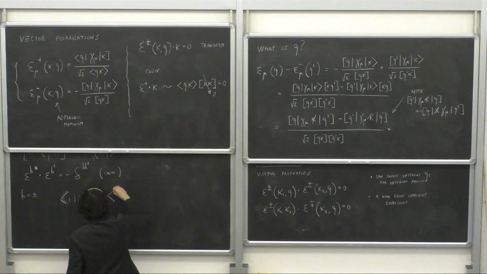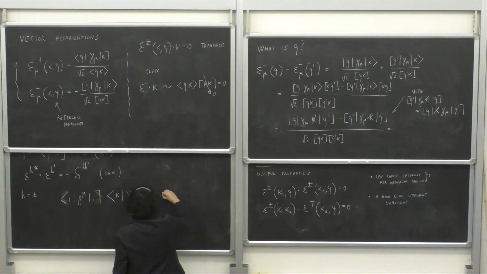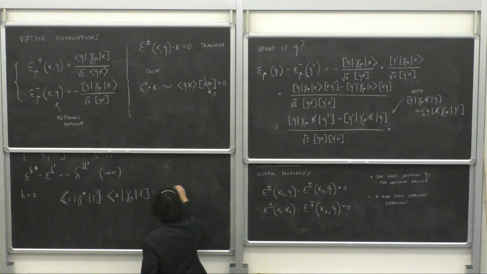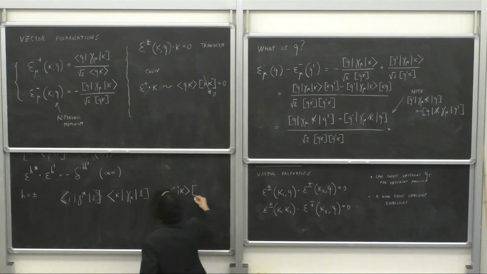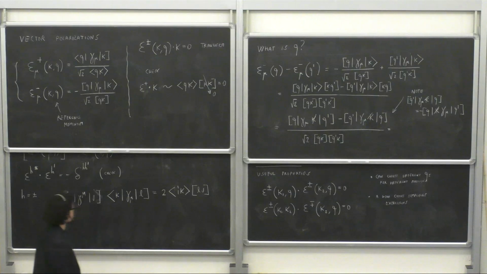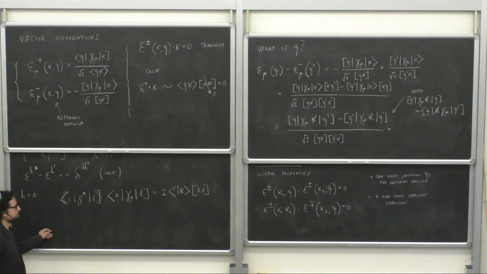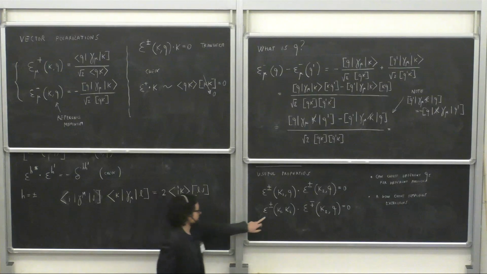And then same thing, K gamma mu L, here, and this is equal to 2, and then you have IK. So the angle and the angle, of course, go together in the bracket. And then you have LJ.